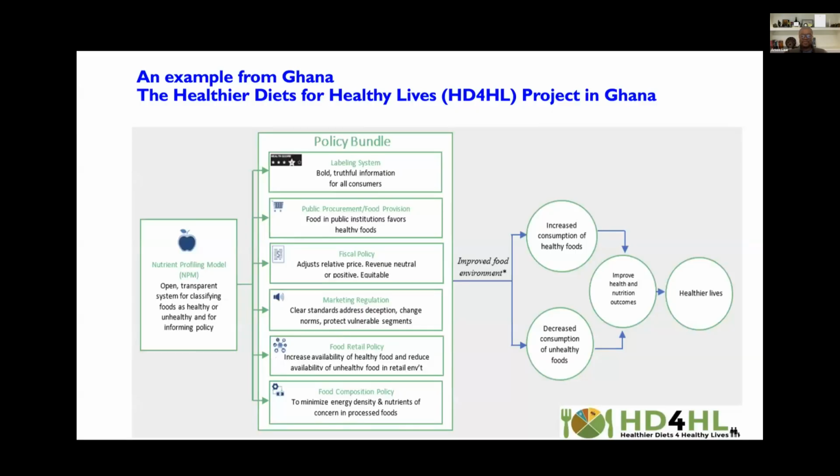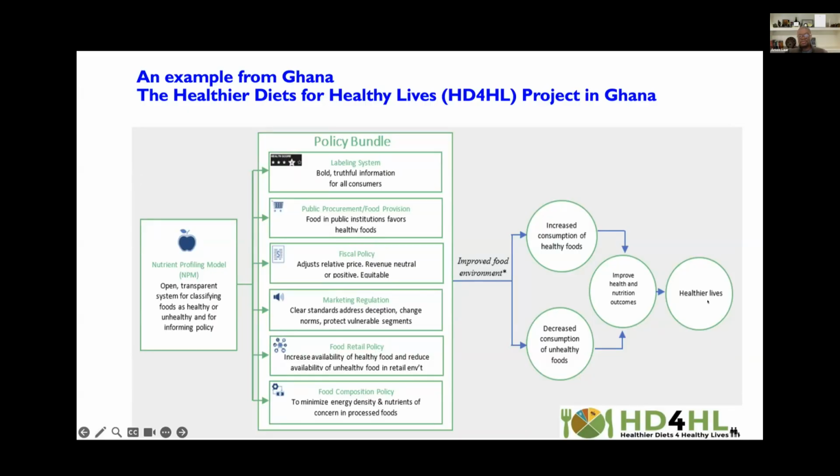I would end with this example from Ghana, where we try to put all that I have presented to you into a coherent bundle. We refer to that as a double duty food-based policy bundle as part of the Healthier Diet for Healthy Lives project, where we believe that once we have a science-based nutrient profiling model that underpins the implementation of the multiple policies I talked about, that can improve food environment and eventually nutritional outcomes and therefore healthier lives.